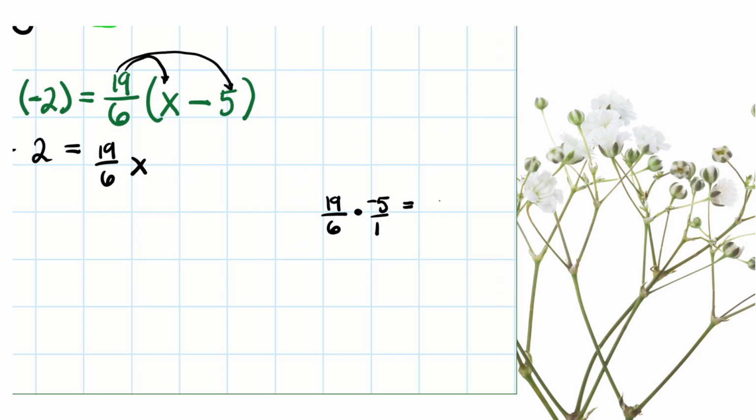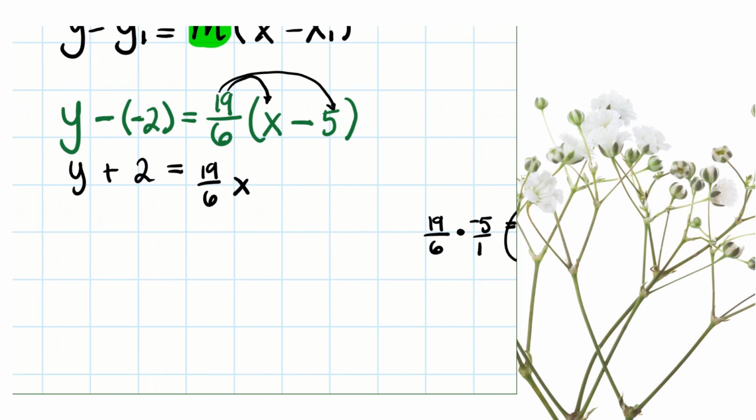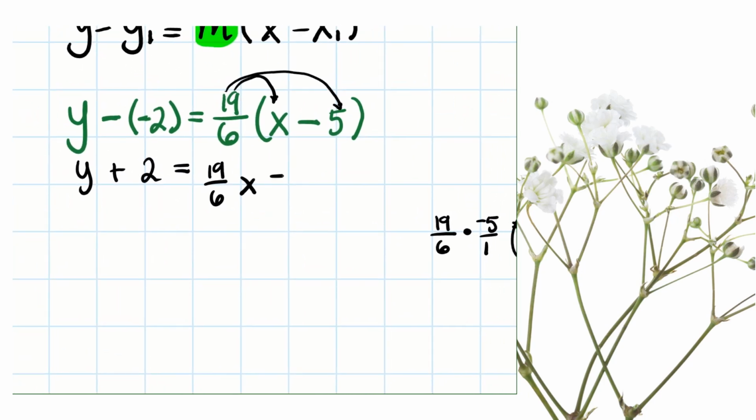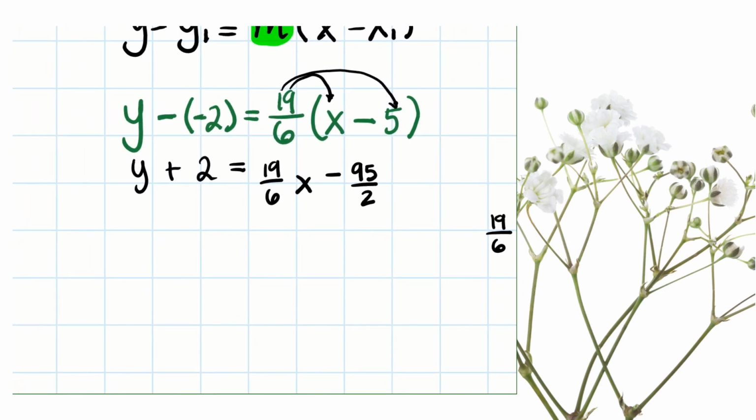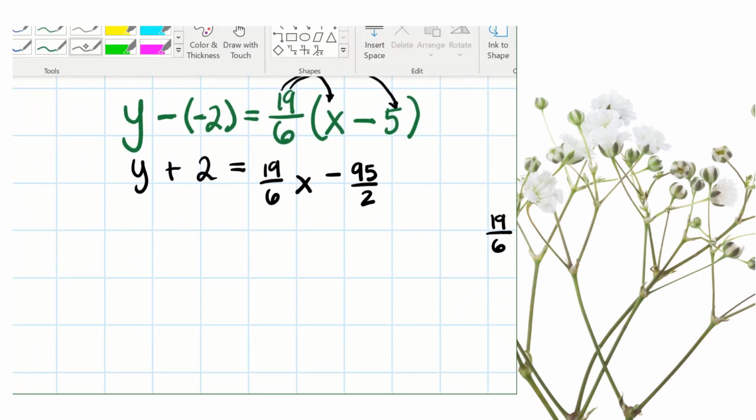Any whole number, we can make it into a fraction by putting it over 1. And then fractions, we just multiply them straight across. So denominator with denominator. And then 19 times 5 would be 95. So when I distribute that, it would be minus 95/6.